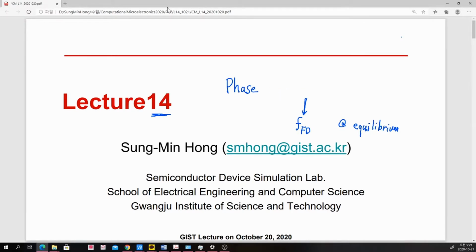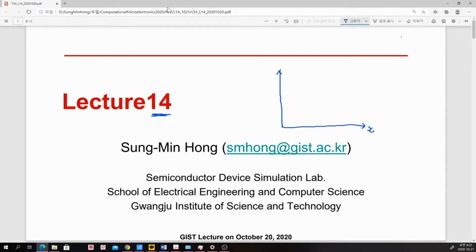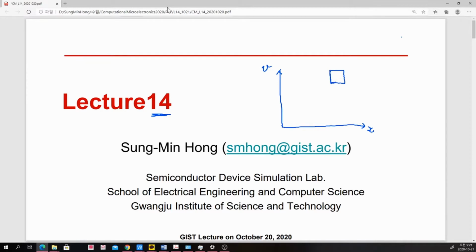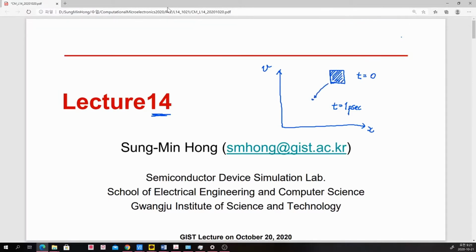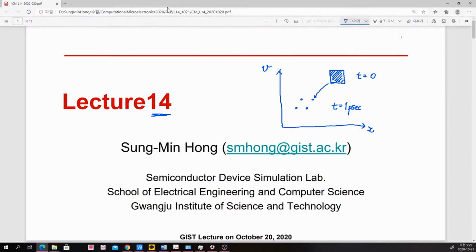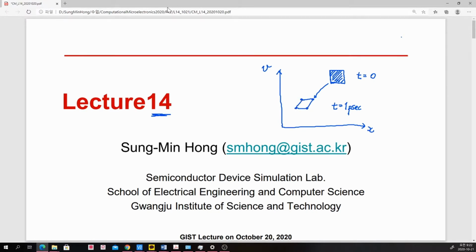So at the end of our previous lecture, we talked about the one-dimensional system, and we found that if we consider an infinitesimal volume in the phase space at t equal to 0, and we allow a short time transient, for example just 1 picosecond, then the electrons initially placed in this area are mapped into a different box inside the phase space.